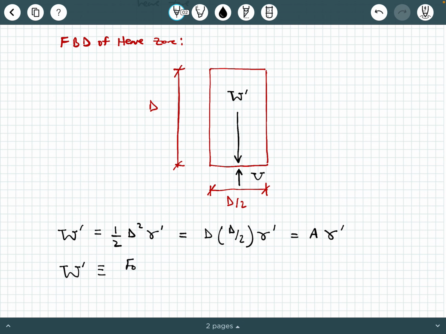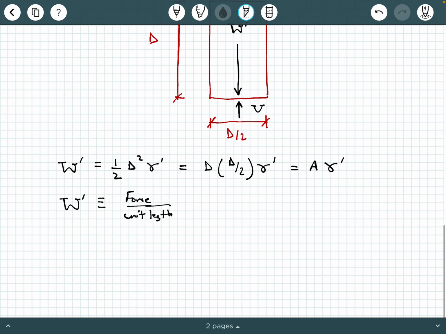Well, it's going to have units of force per unit length, right? Because you've got an area here multiplied by force per unit volume here because this is a unit weight. So you're left with force per unit length, okay? So that's W prime. And again, we normally see this version of the W prime formula.